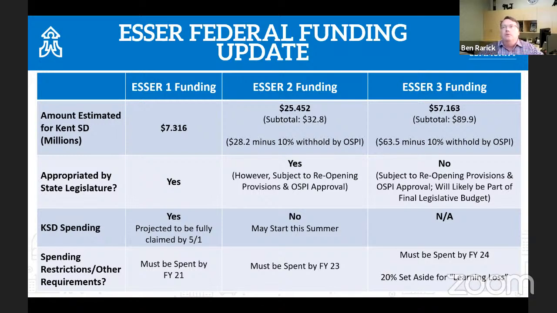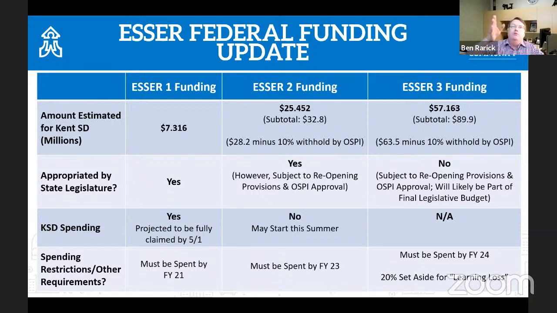The rows indicate first the amounts that we've been informed we will be eligible for. The second row indicates its appropriation status. The third indicates whether we've made any claims on this money. And the fourth begins to discuss the spending restrictions. Although the fourth row, you could make that several pages of text, I'll just summarize a couple of key points.